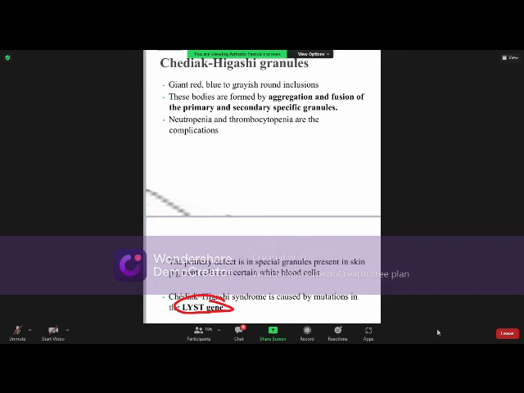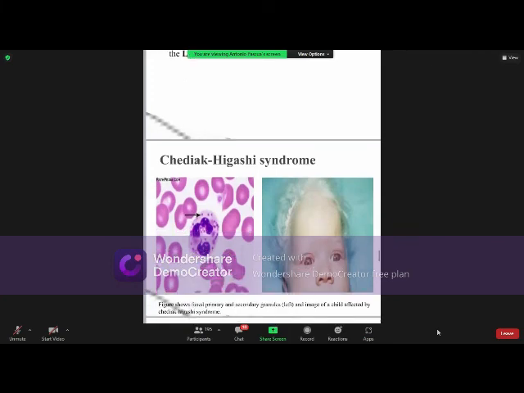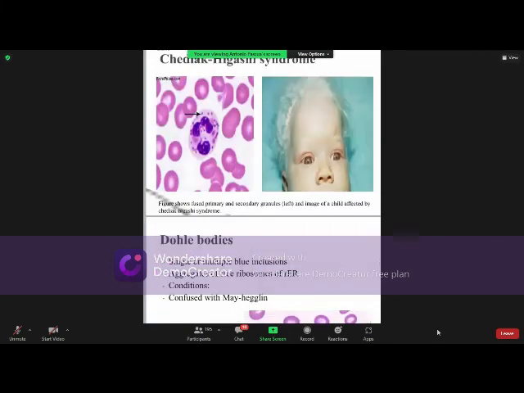Did you get it? Yes. Then for patients with Chediak-Higashi, physically, they are characterized to be albino. So their hair, their skin, their eyes turn white, because the granules may also affect those pigments you have in your skin tissues.